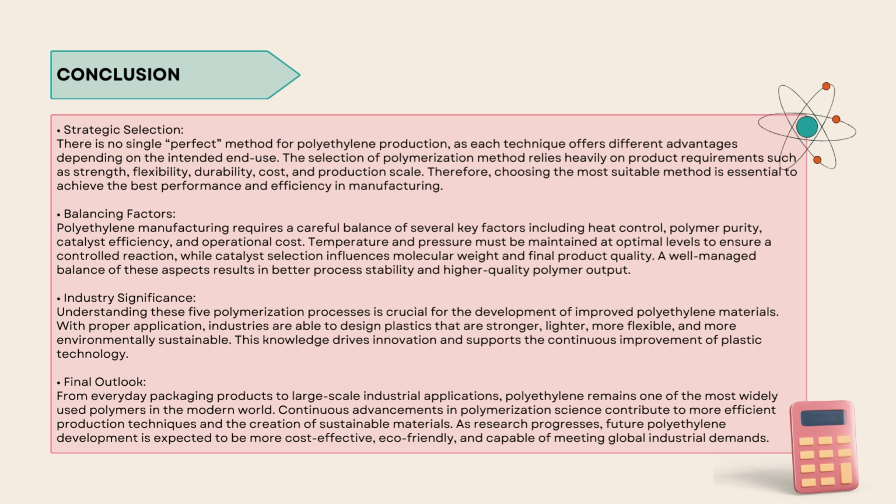These processes are also important to the industry because they help us create plastics that are stronger, lighter, and more sustainable. Finally, polyethylene will continue to be widely used in many applications, and with new research and technology its production will become more efficient and environmentally friendly in the future.